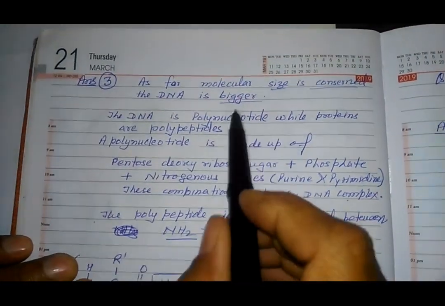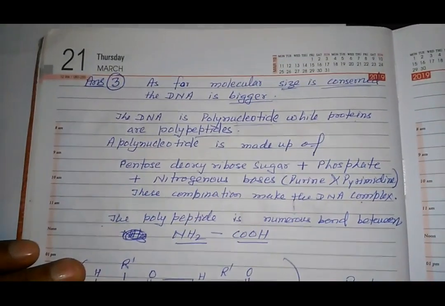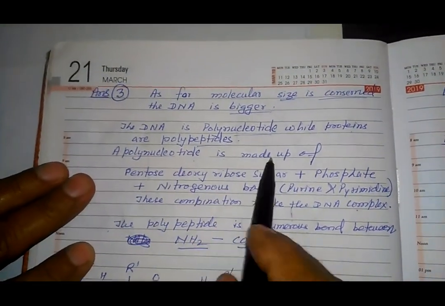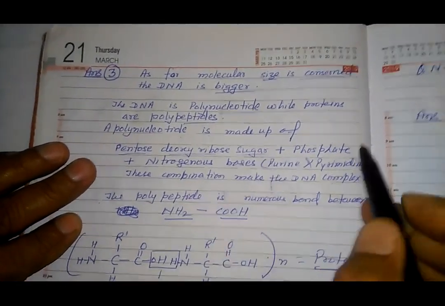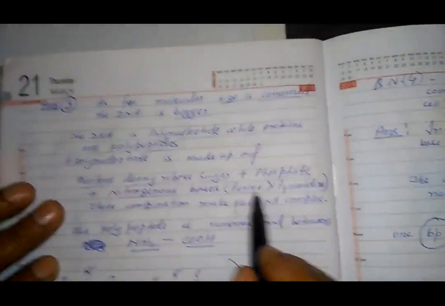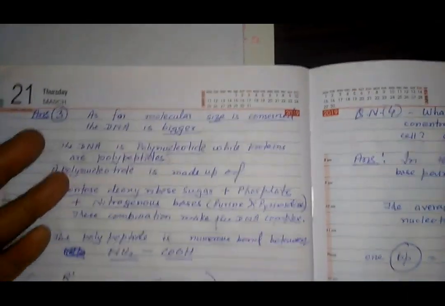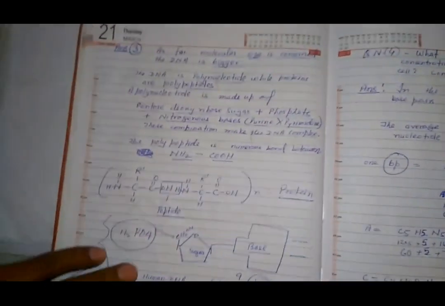Why? The DNA is a polynucleotide, while proteins are polypeptides. A polynucleotide is made up of pentose deoxyribose sugar, phosphate and nitrogenous bases like purine and pyrimidine. So you are just observing that the complexity of DNA is more.